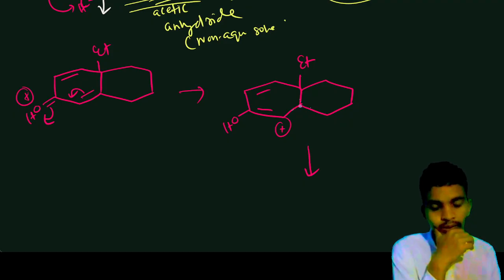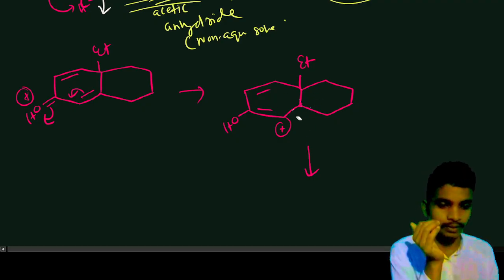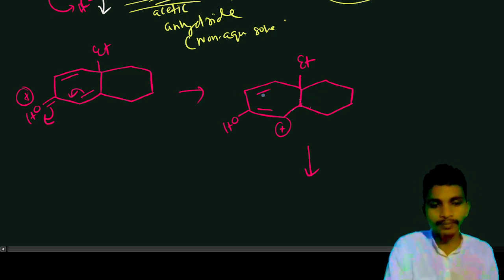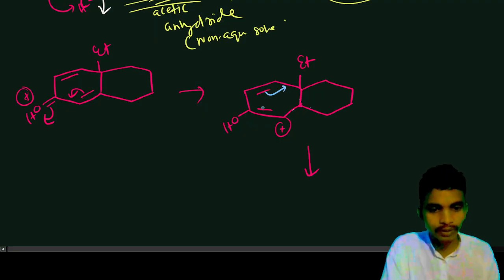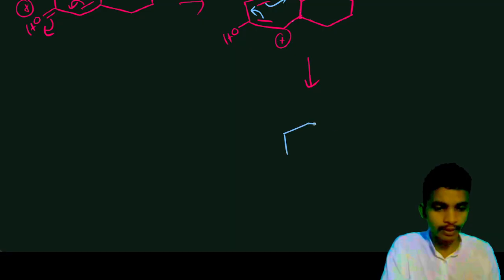So yes, I can do the elimination, because here there is positive charge. If I shift this also I have a problem, because if I shift that, then it is not going to be an aromatic ring, so I can shift this one. So I'll just move it to here. Then what I'll get here is this and this.